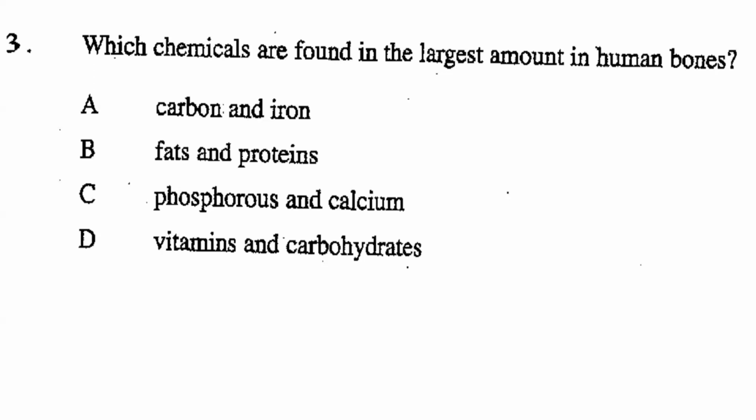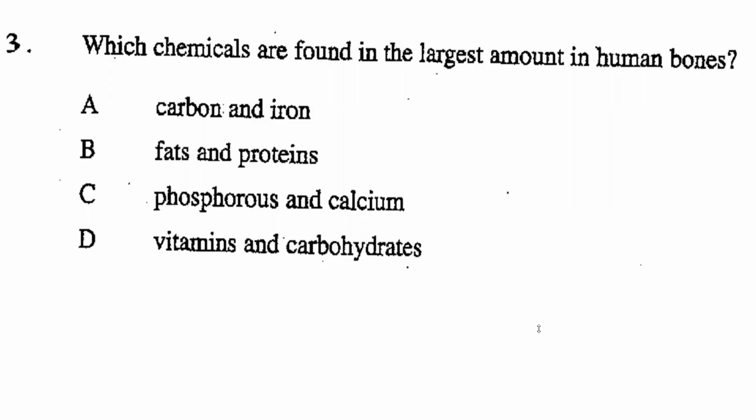D. Vitamins and carbohydrates. Okay. So which chemicals are found in the largest amount in the bones? Carbon and iron, fats and proteins, phosphorus and calcium, or vitamins and carbohydrates.